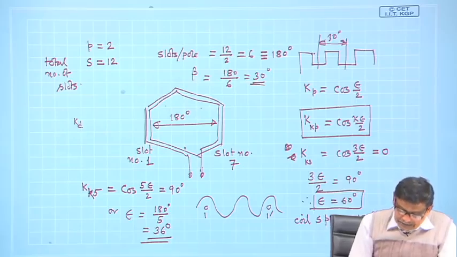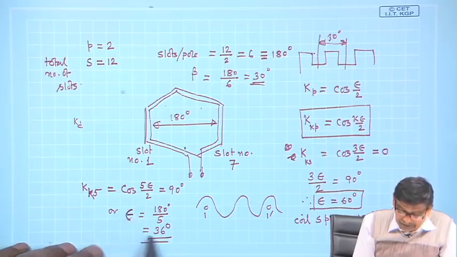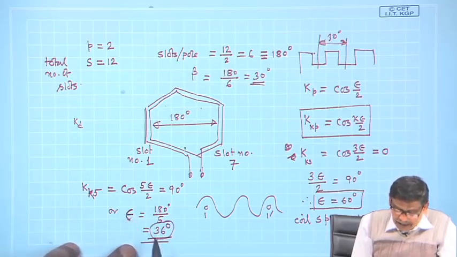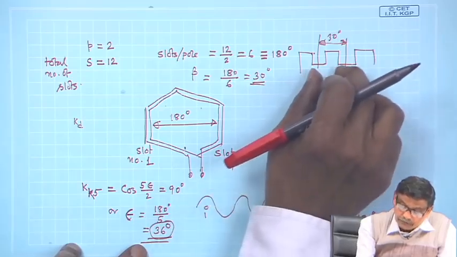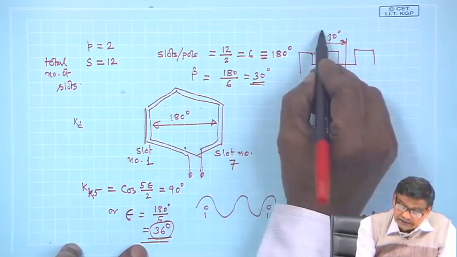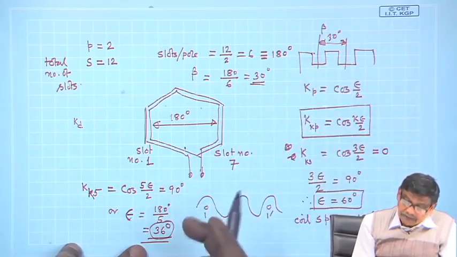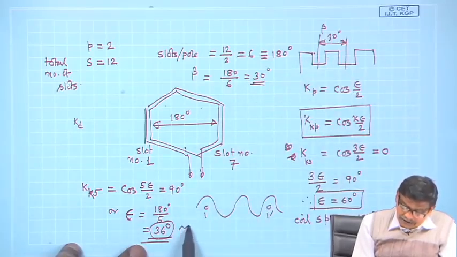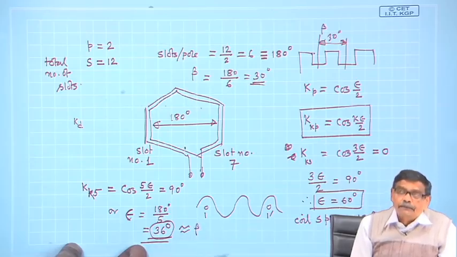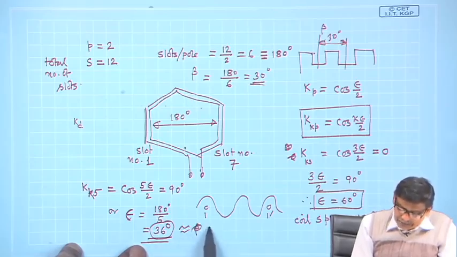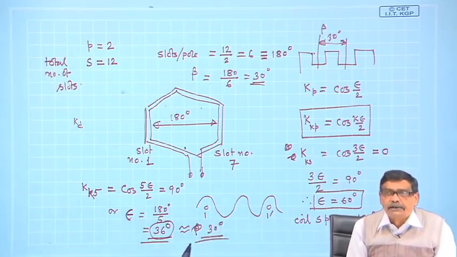Why? Then what I will do is, whatever epsilon number I have got, I will try to see by what slot angle beta, this is beta, how close it is to an integral multiple of beta. In this case, the nearest value is 30 degree. So, I will short chord it by 30 degree.